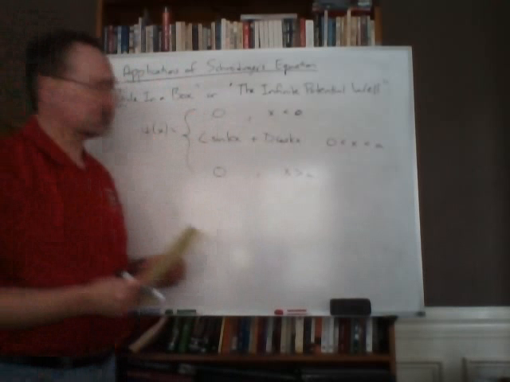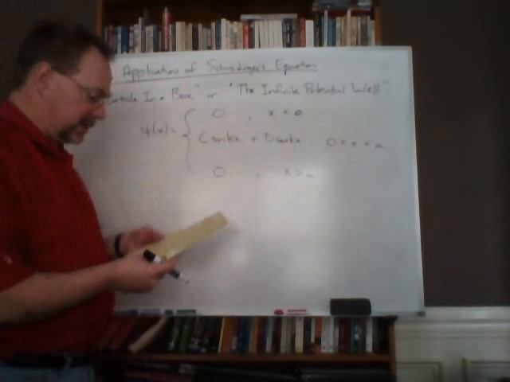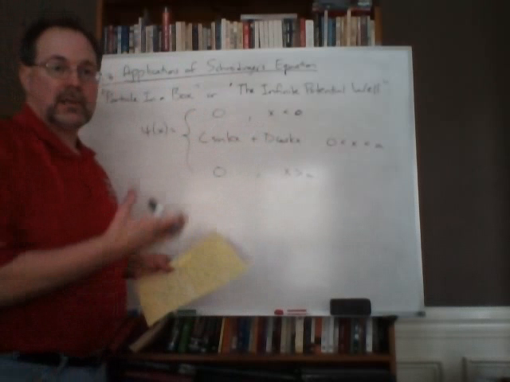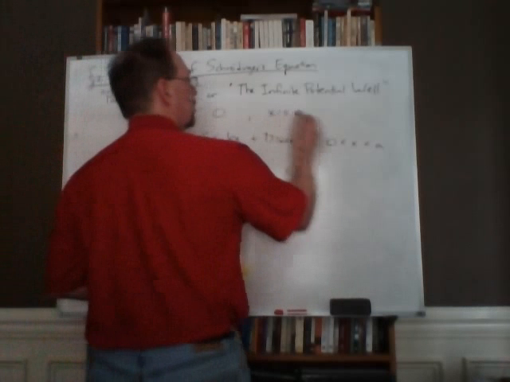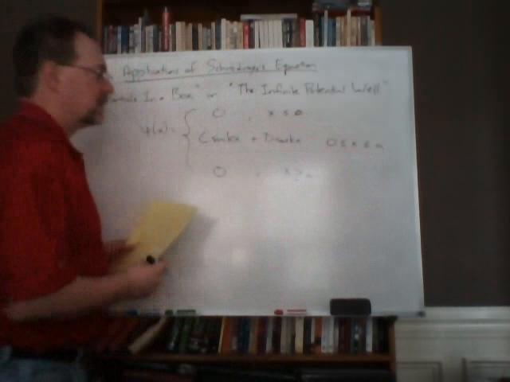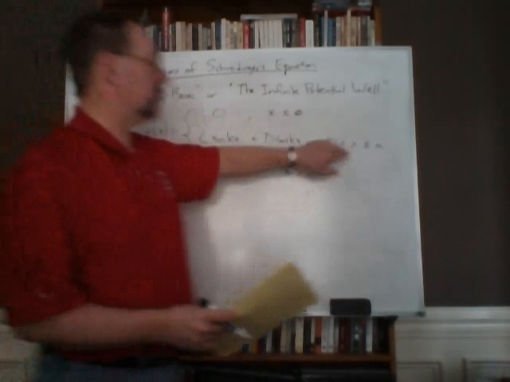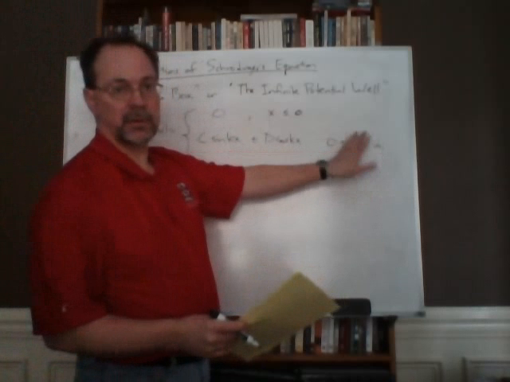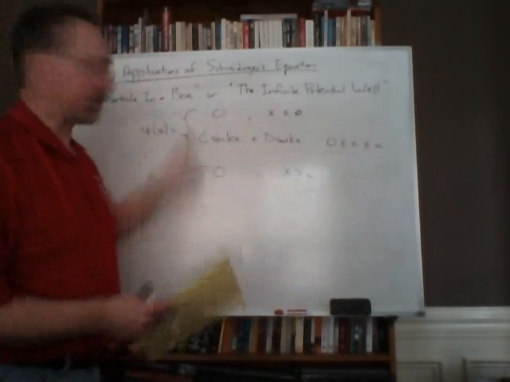However, I've said strictly less than. The boundary condition that psi be continuous means that when x is less than or equal to 0, it's equal to this, and for 0 less than or equal to x less than or equal to a. This all has to be true for psi to be continuous.